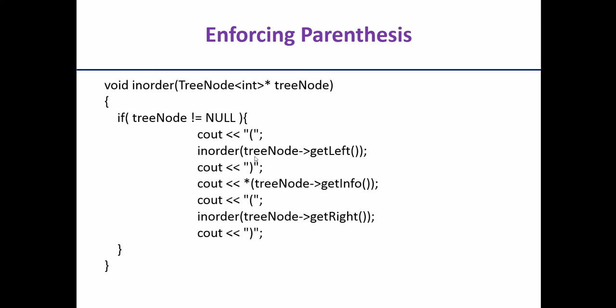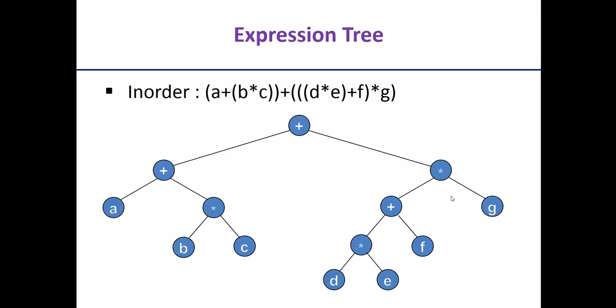parenthesis here. It means closing parenthesis. So opening parenthesis, closing parenthesis. That means left, and then we have the operator, and then the right tree. This way we can insert parentheses, and then we can get results like this one.